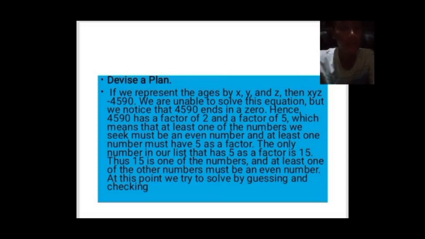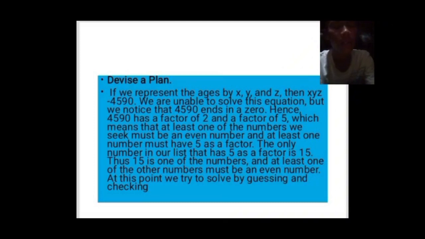Hence, 4590 has a factor of 2 and a factor of 5, which means that at least one of the numbers must be an even number, and at least one number must have 5 as a factor.